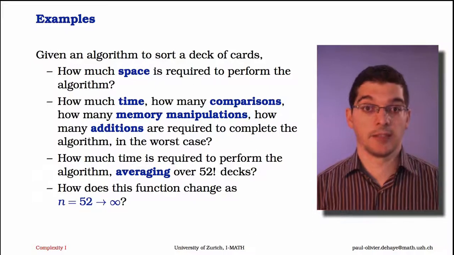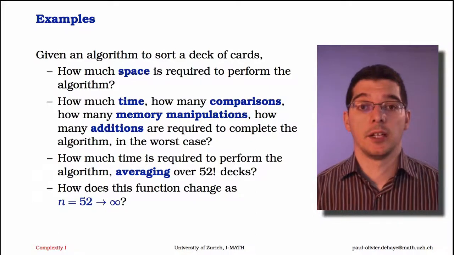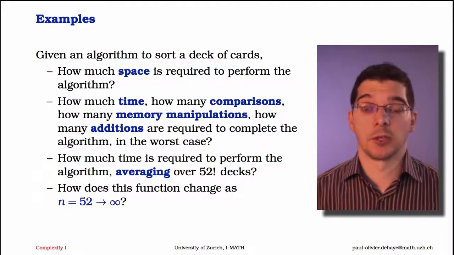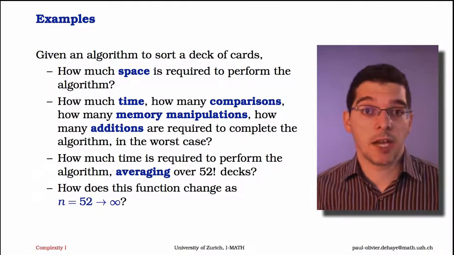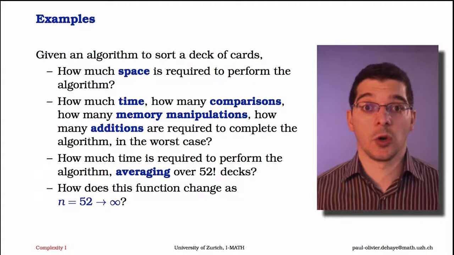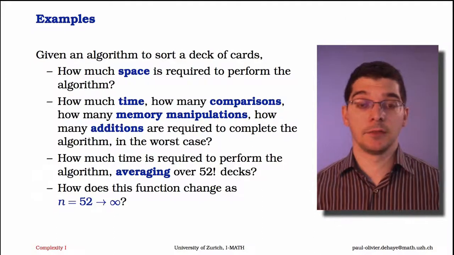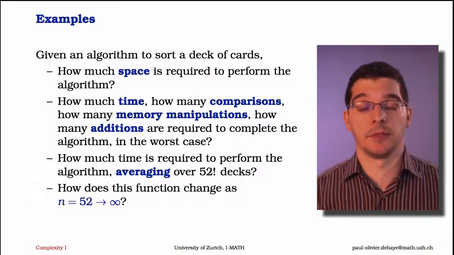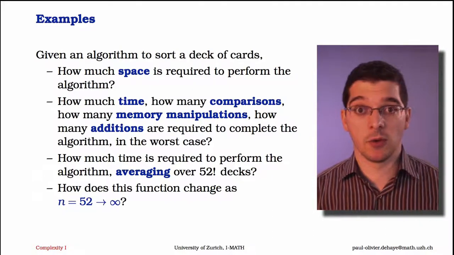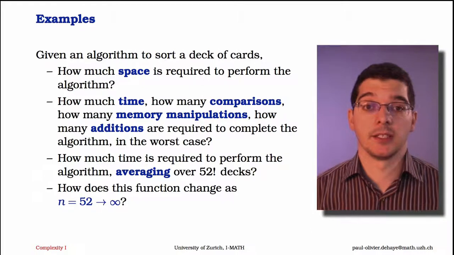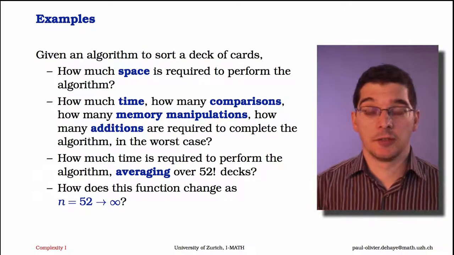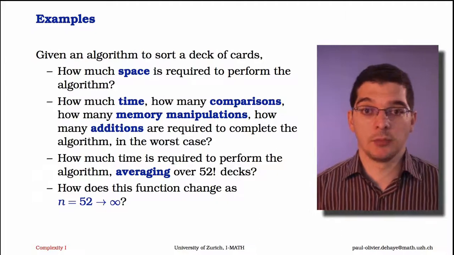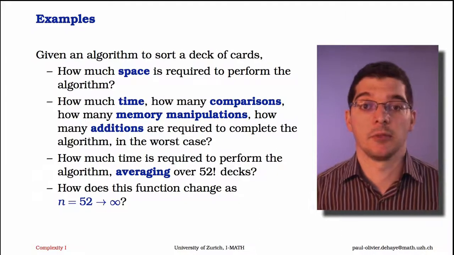So we have an algorithm to sort a deck of cards. Now, what kind of questions can we ask? Well, the first is, how much space is required to perform the algorithm? If my algorithm is to throw the whole deck of cards on the table, well, I need 52 spots to hold the cards. I need to be able to see the 52 cards at once and pick one at a time. If you are a small child and you have a small hand, then you might be more concerned about how many cards you can manipulate at once.